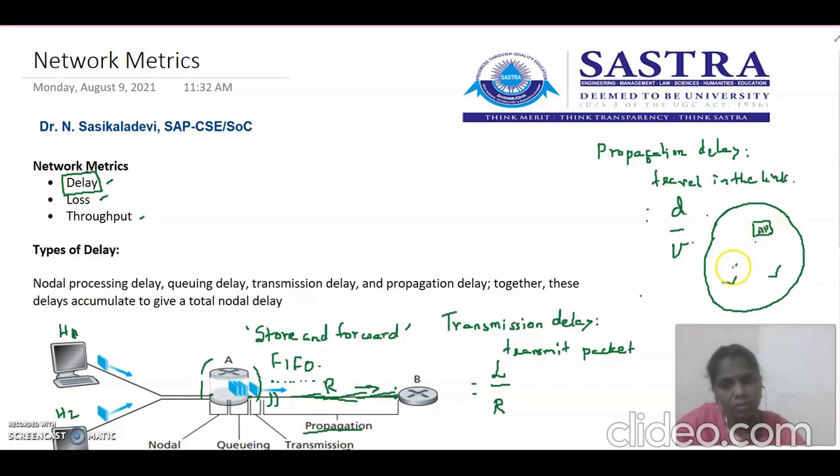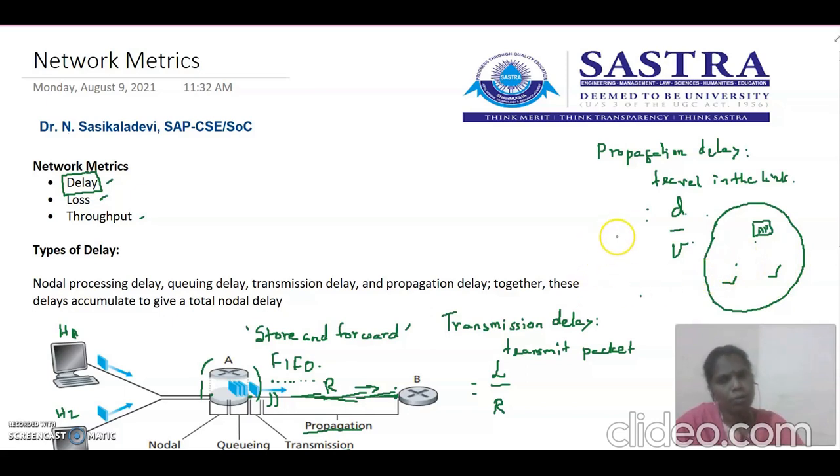In this wireless channel, the data passes through the air. Here also the velocity at which the packet travels is based on light, that means 2.5, but instead of taking 2.5, we have to take it down because there is a possibility of interference and all those things. We have to take the velocity as 2.0 into 10 power 8 meters per second.